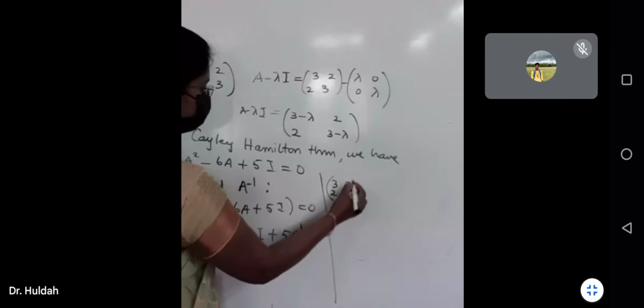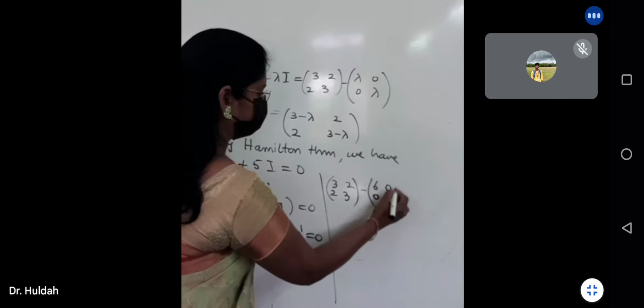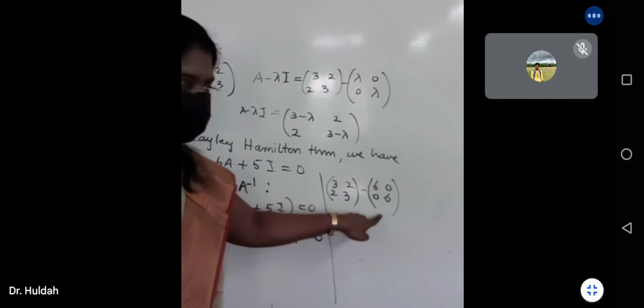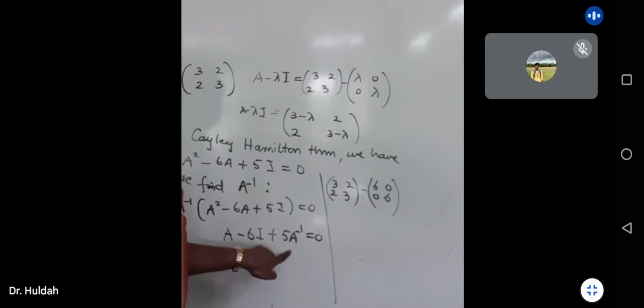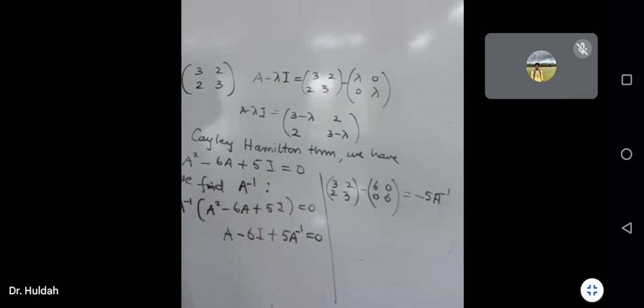A is 6I, so it is 6, 6, correct? 6I is 6 into 1 0 0 1. I'm bringing that 6 this side. Plus 5A inverse, let me take it that side. So I get minus 5A inverse.